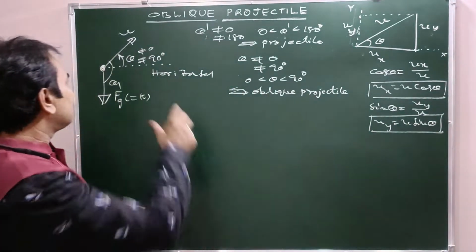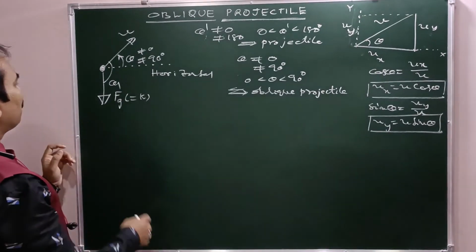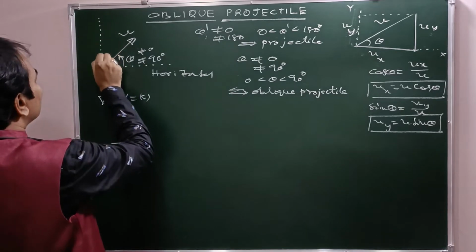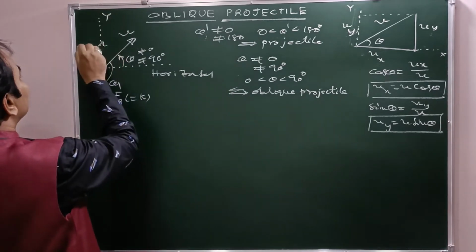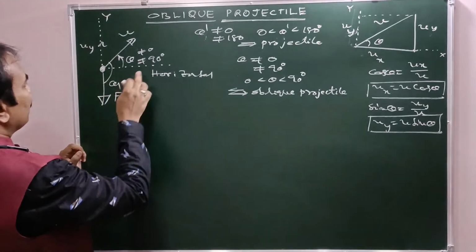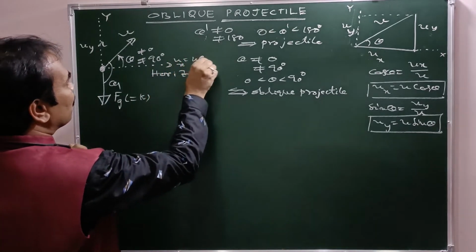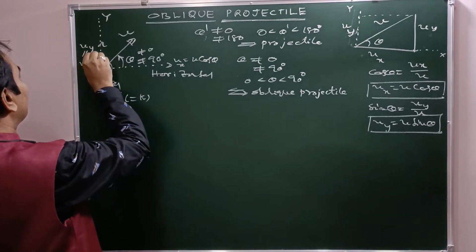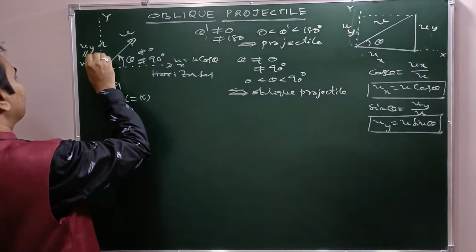So along the y-axis u y, what is u y? u sin theta. Along horizontal, that is u x, that is u cos theta. So this is u sin theta, right?